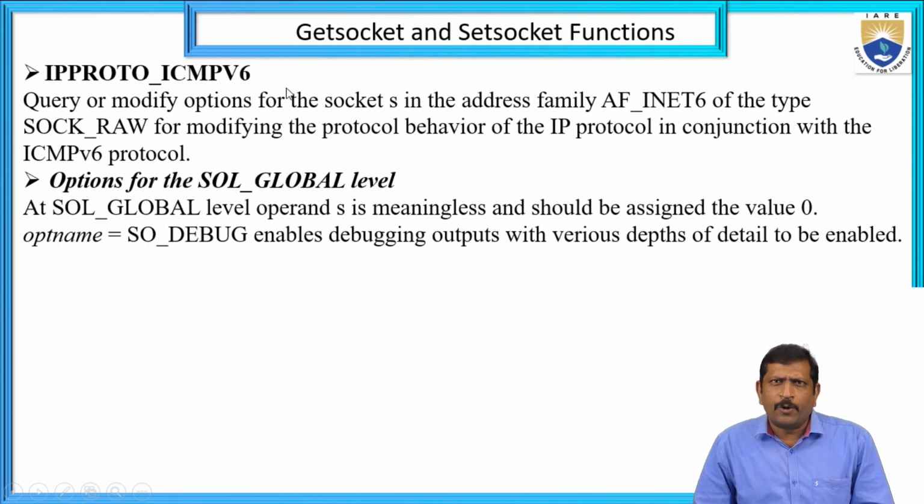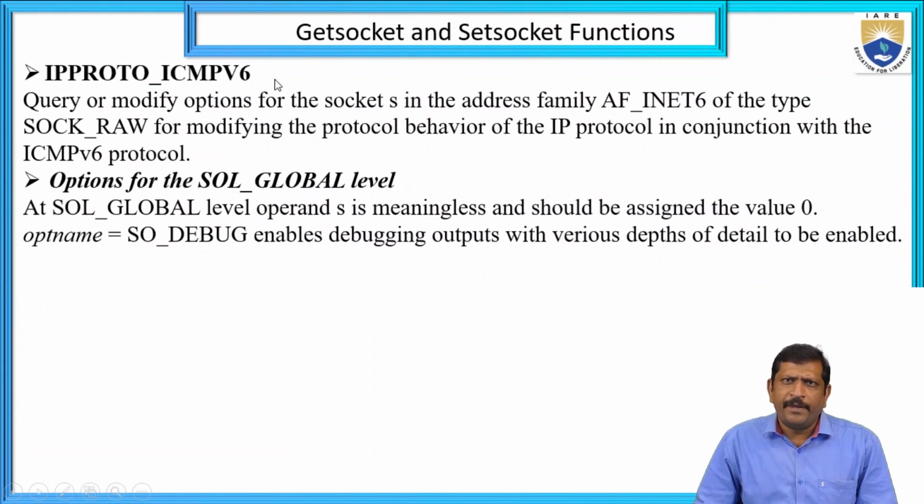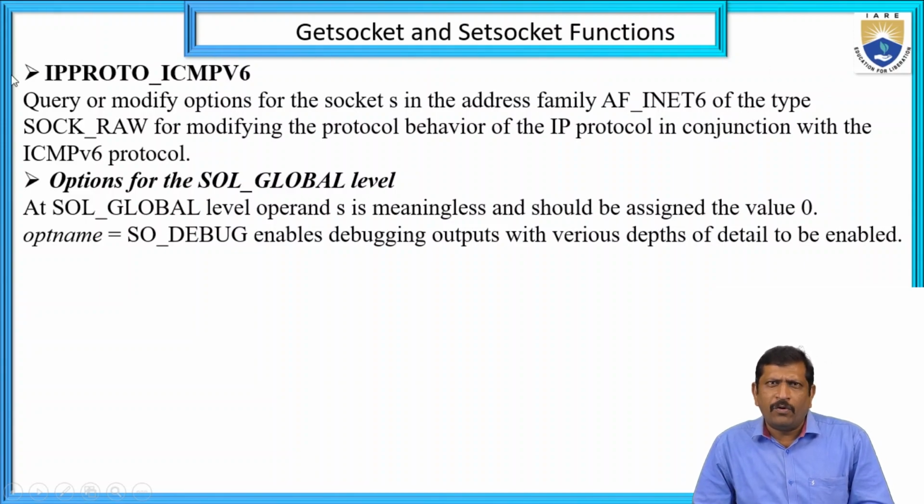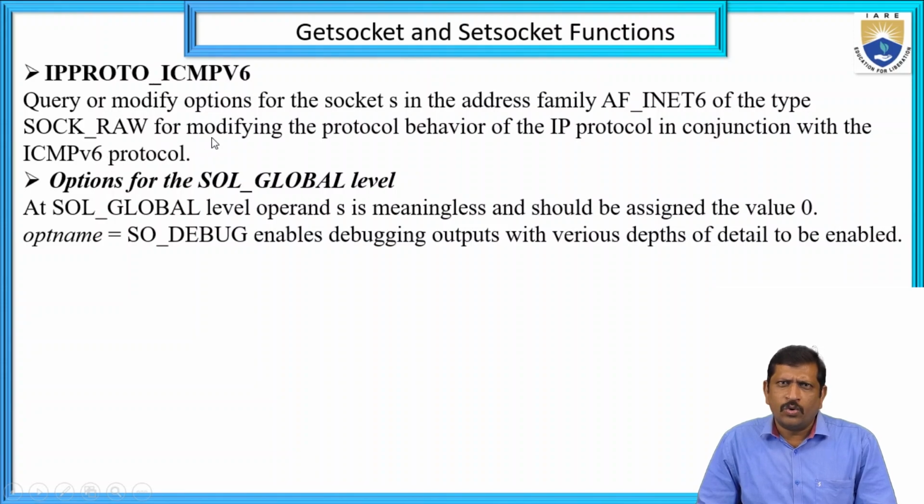Next, IPPROTO_ICMPV6. ICMPv6 queries or modifies options for the sockets in the address family AF_INET6 of the type SOCK_RAW.